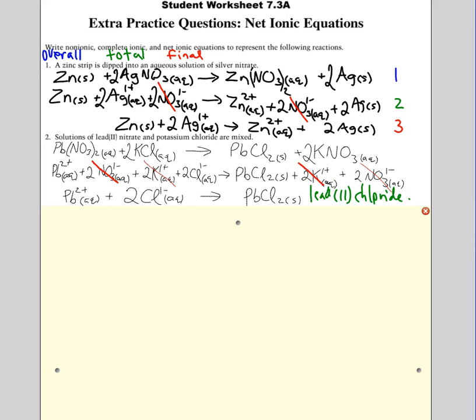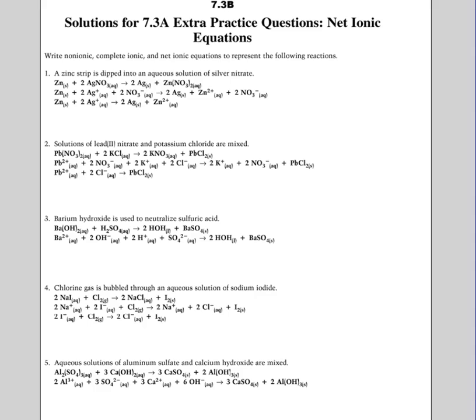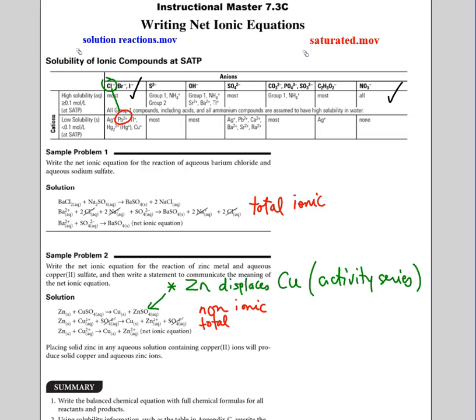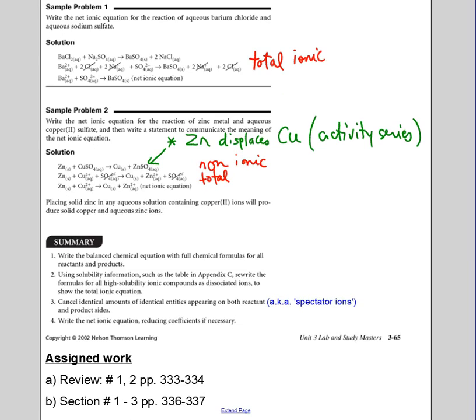Make sure you have the definition of spectator ion. You can find it in your textbook on page 334 in the margin. Solutions here are on worksheet 7.3b, which will be posted on the website. And in the textbook, you can get additional practice by doing numbers 1 to 3 on pages 336 to 337.